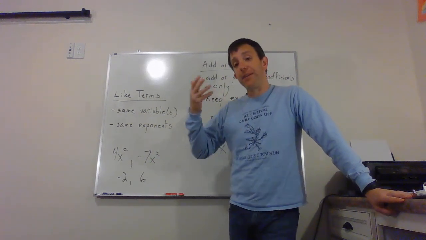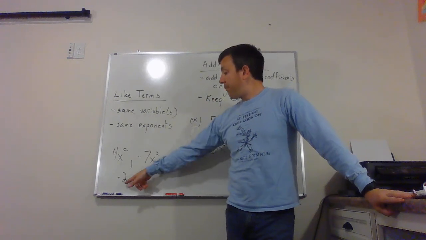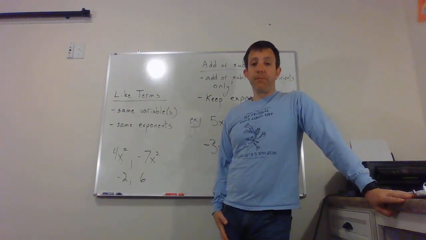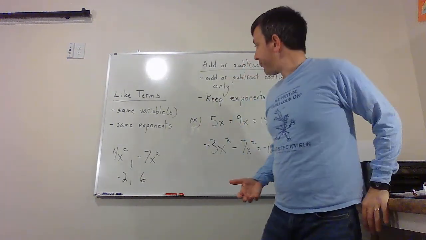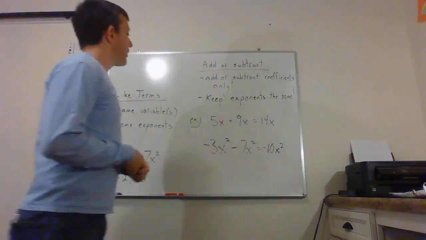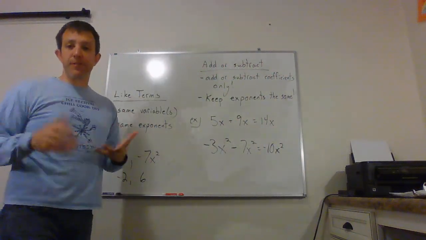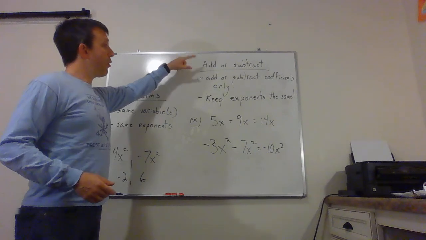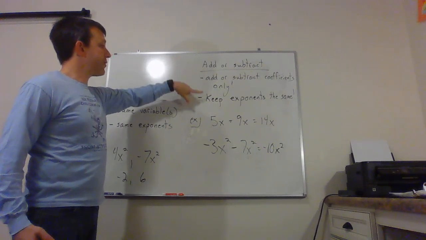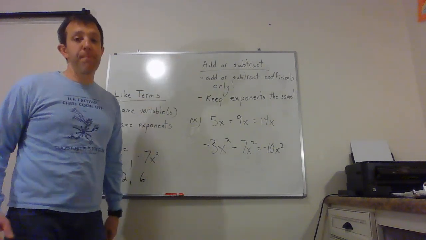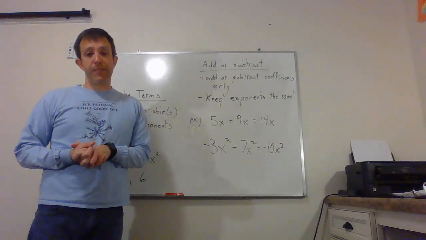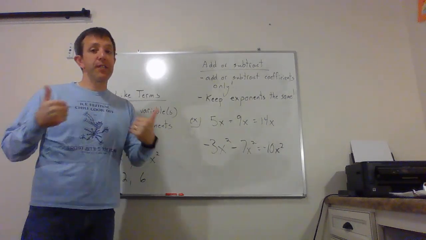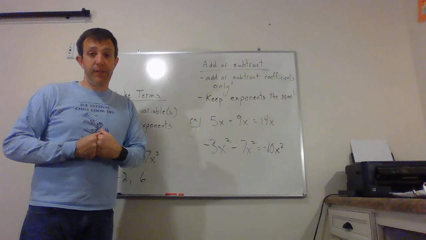They both have x to the second power. Negative 2 and 6, those are like terms. They don't have any variables. So like terms: same variables, same exponents. Add or subtract coefficients only. Keep the exponents the same. You can only add and subtract like terms. You can't put together things that aren't the same kind of thing.